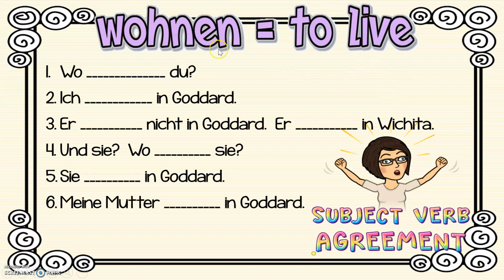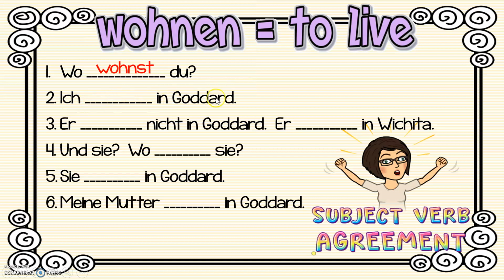So now let's take a look at the verb wohnen. This is the infinitive form, and in English the infinitive is to live. We're going to drop this en off, figure out what the subject in each sentence or question is, and put the verb in. So this first one is, where do you live? Du is our subject, so we're going to take the en off, and remember dust, so this one's going to be wohnst.